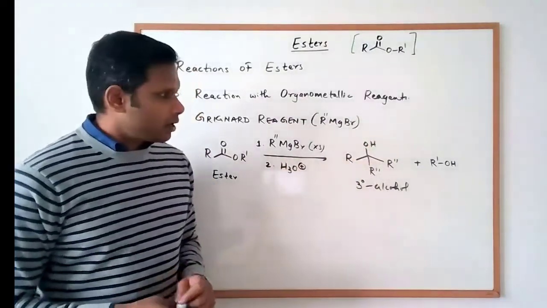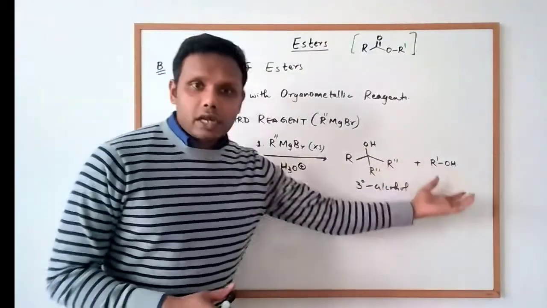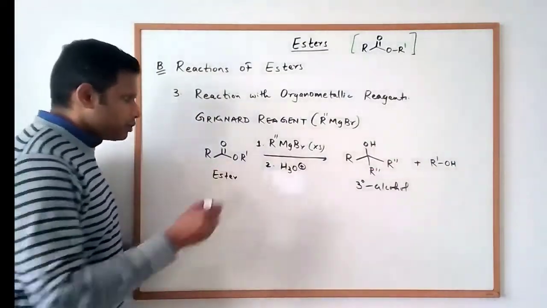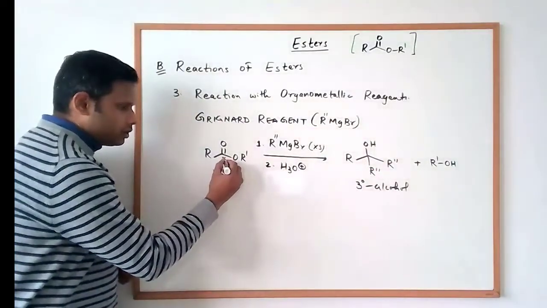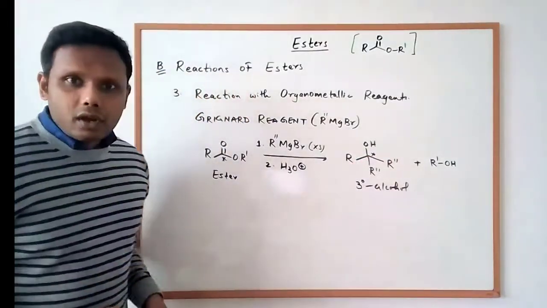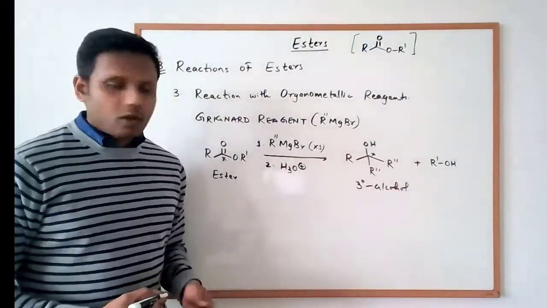We get a tertiary alcohol here. And plus, the alkoxy group becomes another alcohol group as usual, but we're focusing on the acyl carbon. So the acyl carbon here becomes the alpha carbon in the tertiary alcohol. It gives us a tertiary alcohol.